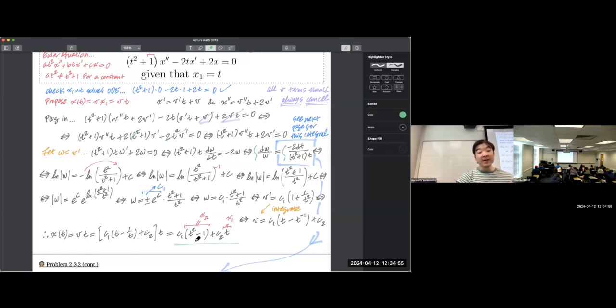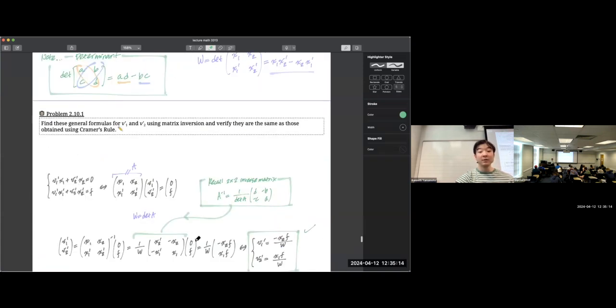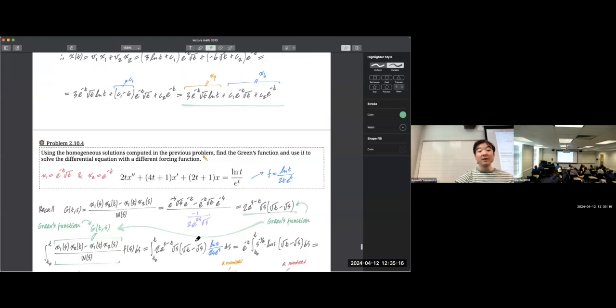Let's check that these solutions were actually linearly independent, and so they were going to be valid homogeneous solutions to be able to solve any general initial value problem. In other words, do they actually form a fundamental set of linearly independent solutions? So we're going to check the Wronskian.